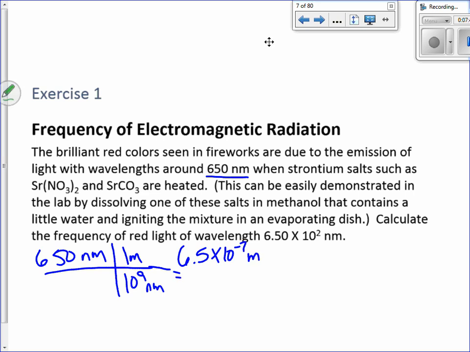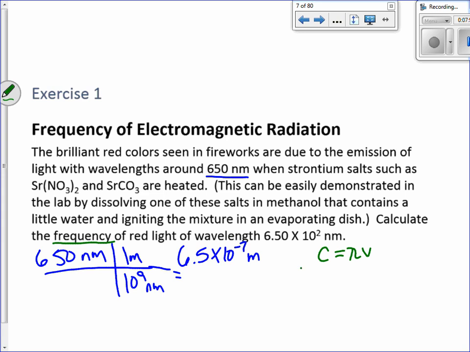And now we can easily use c equals lambda nu, because now we have our wavelength in meters, and we can use the speed of light to determine the frequency. I believe that's what we want here, the frequency of red light.